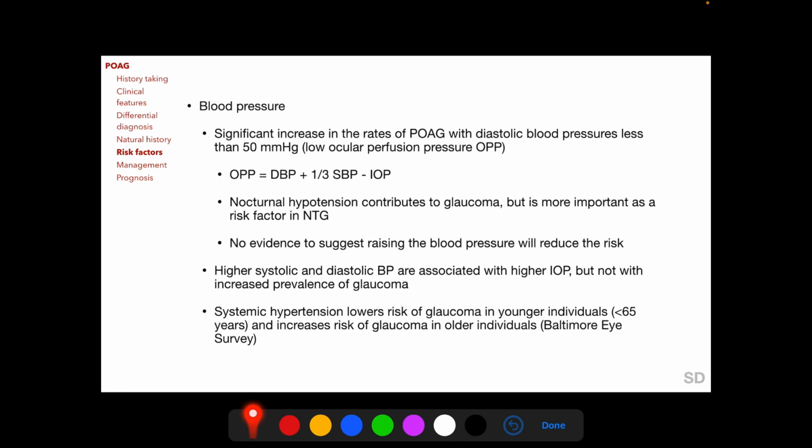Other studies have suggested that higher systolic and diastolic blood pressure are associated with higher intraocular pressure but not with increased prevalence of glaucoma. And some have also found that systemic hypertension lowers the risk of glaucoma in younger individuals but increases the risk of glaucoma in older individuals.